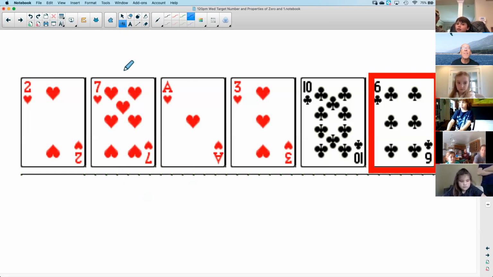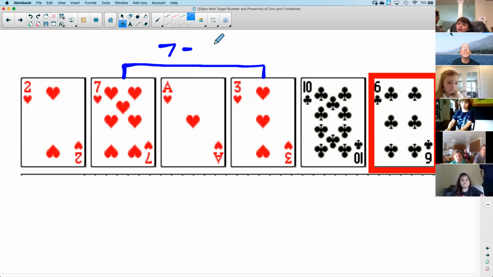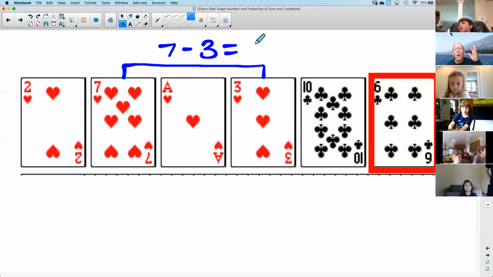Let's do 7 take away 3. Who knows what 7 take away 3 is? Go. 2. Well, if I have 7 and I take away 3, you know I don't have 2. What do I have? 4. I have 4. Remember, 5 take away 3 is 2, but 7 take away 3 is 4.